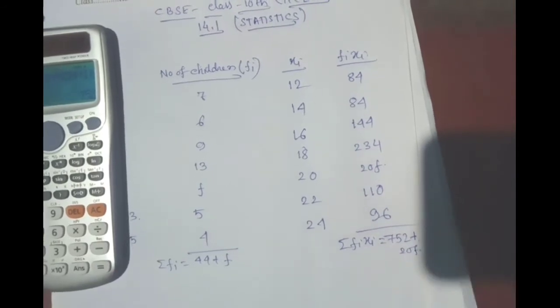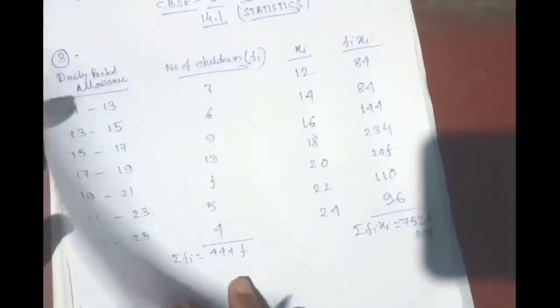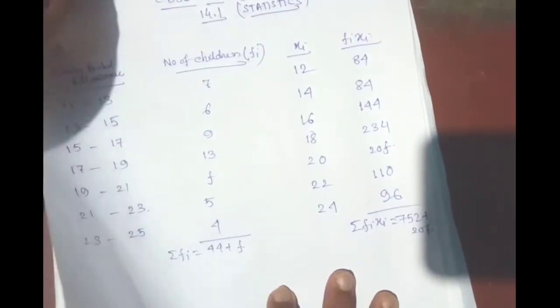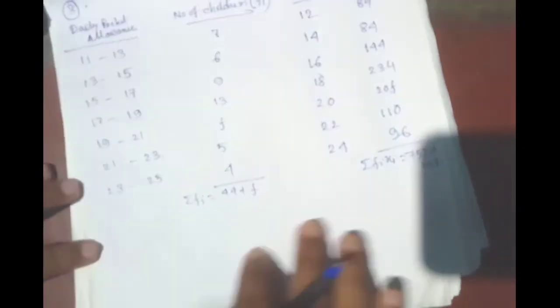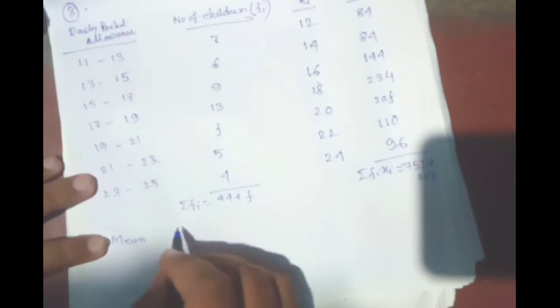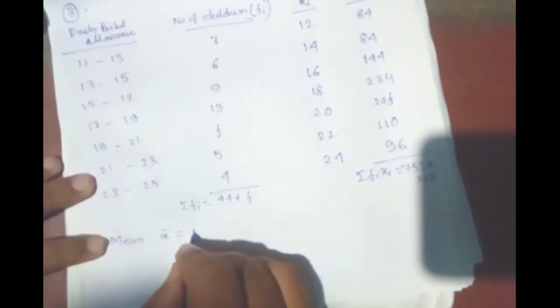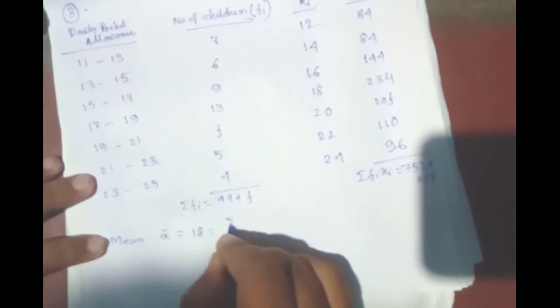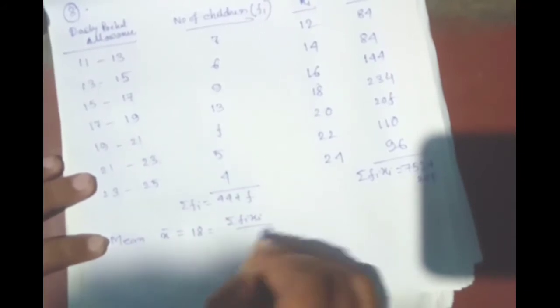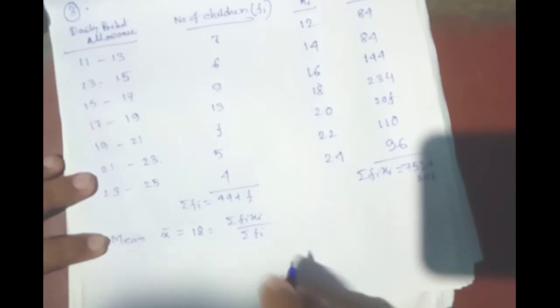Now here the mean is given. The mean, that is x bar, is 18, which equals summation of fi xi by summation of fi.